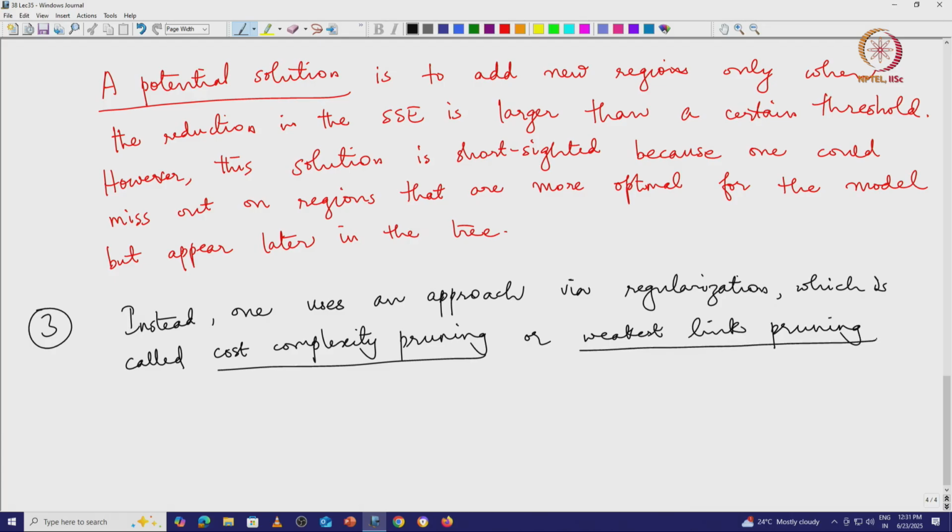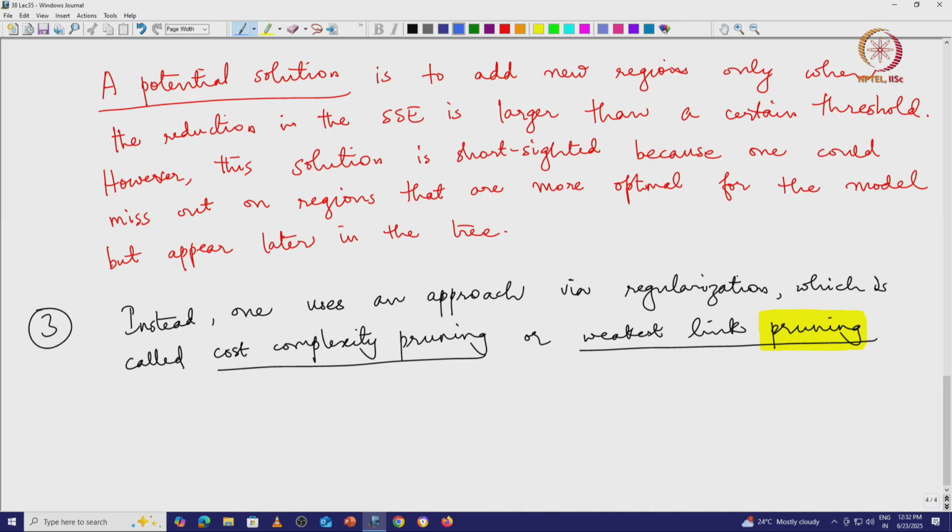Okay. So what is happening here when you do cost complexity pruning or weakest link pruning? So the word pruning by itself you may have come across when you are talking about a bush or a tree or a weed, when you are trying to cut off the branches. So that is exactly what we will be doing here. We will prevent the tree from becoming overly complex. So that is essentially pruning of the tree, because you get rid of some branches.